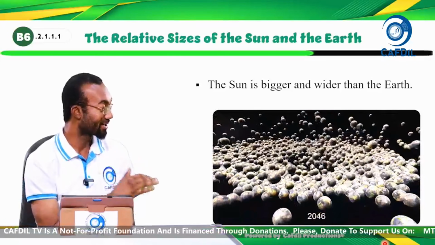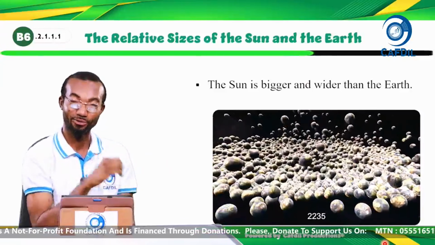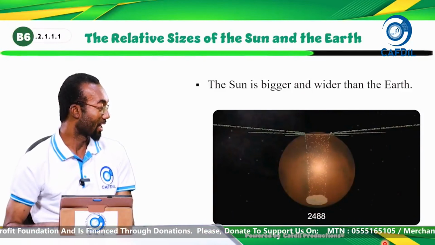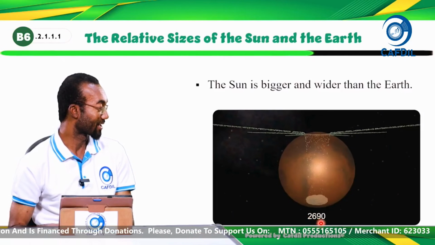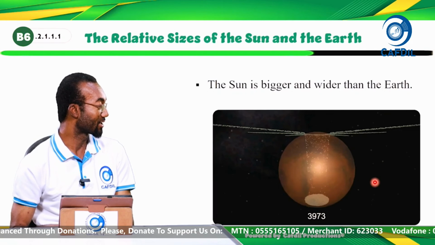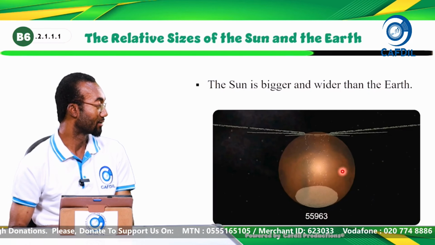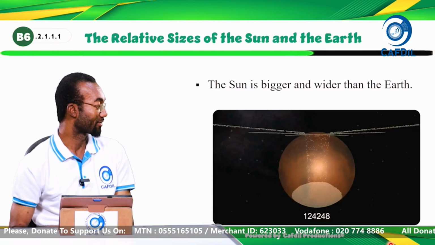So we are filling the sun container with the earth. So we are counting down here. So let's count it. This is the sun, and we are filling the sun with earth.